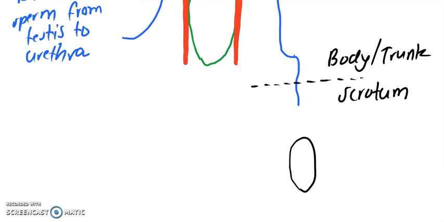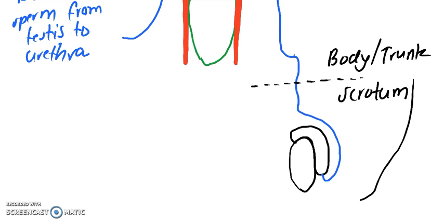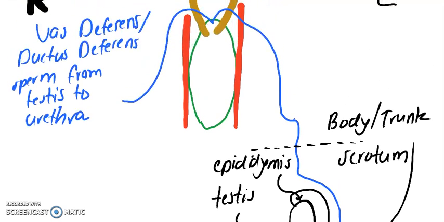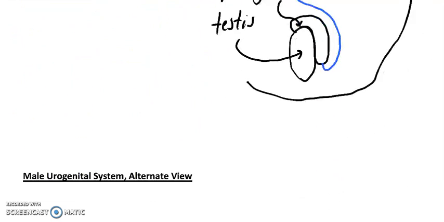There is a testis, and covering it on one part is the epididymis, and the vas deferens connects like so. So here would be the scrotal sac. This would be the pig's left testis, and this would be the pig's left epididymis. So this is how that is connected.